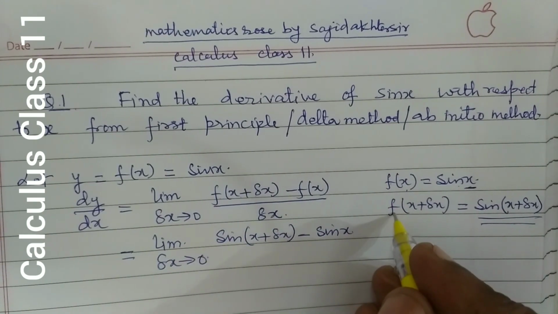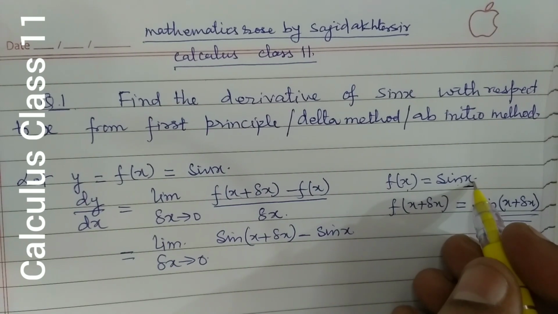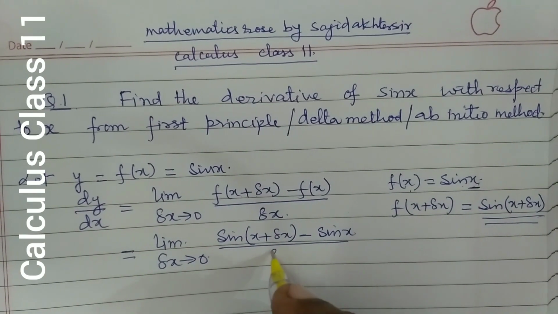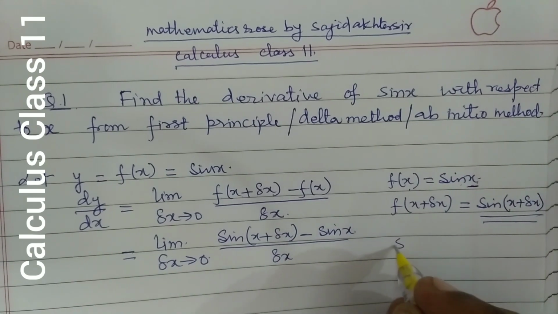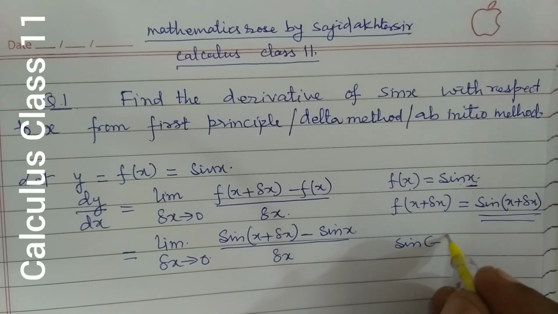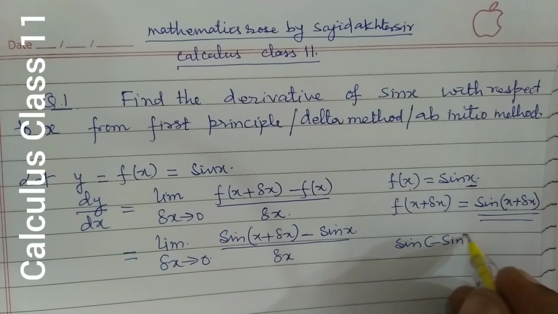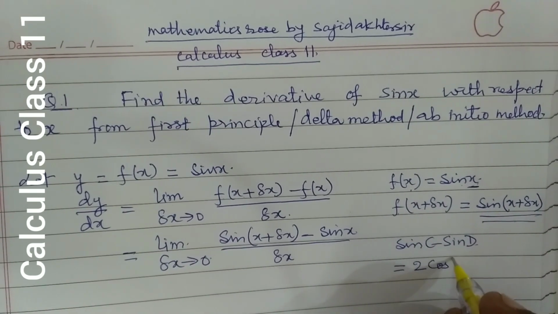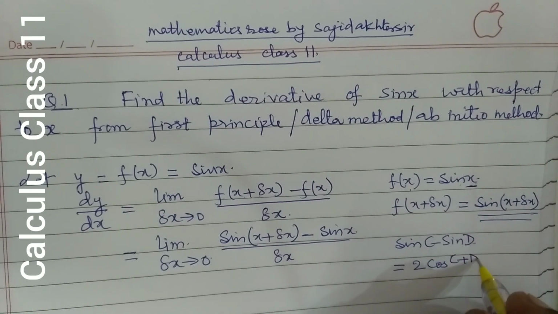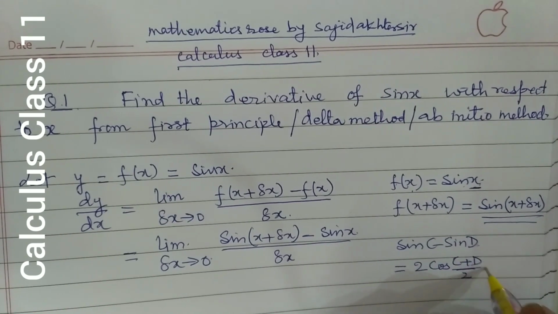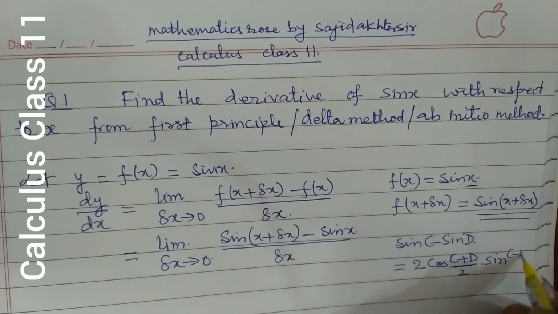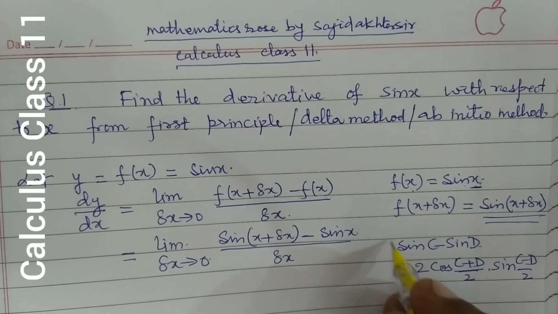And divide upon delta x. As you know the formula sin c minus sin d, you will remember this trigonometry formula: 2 cos((c plus d) by 2) into sin((c minus d) by 2).